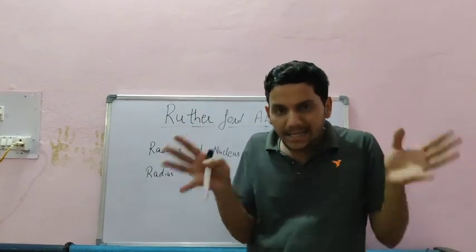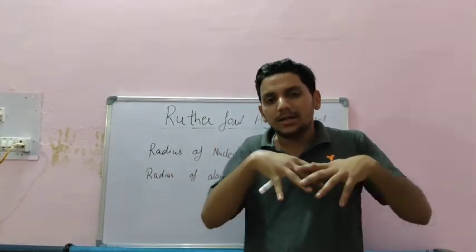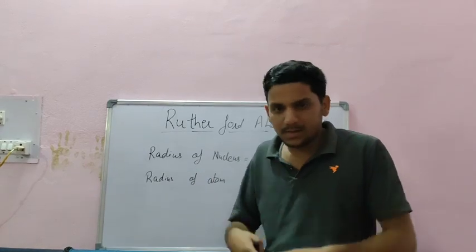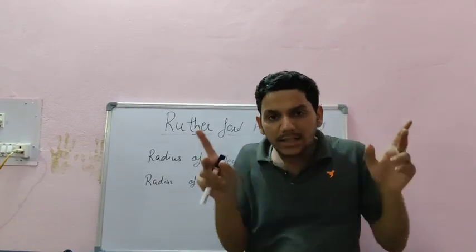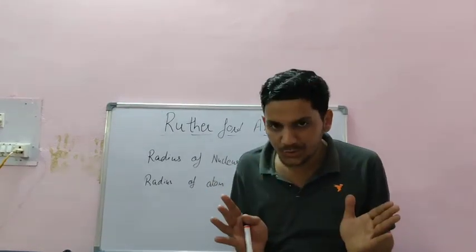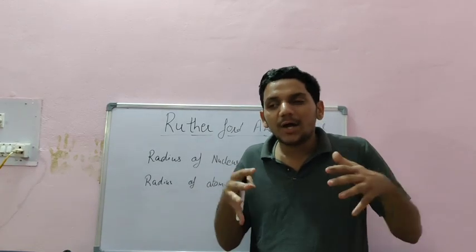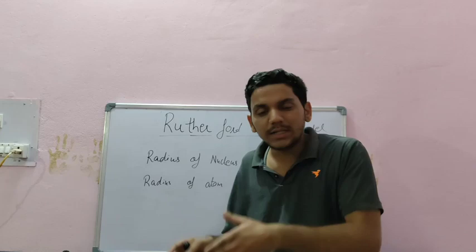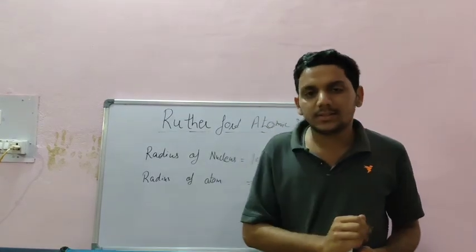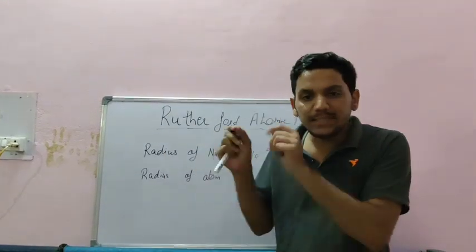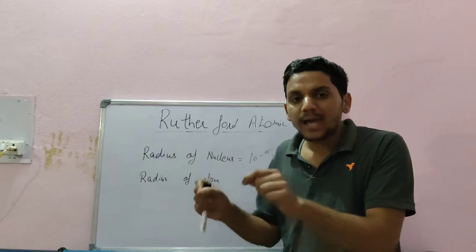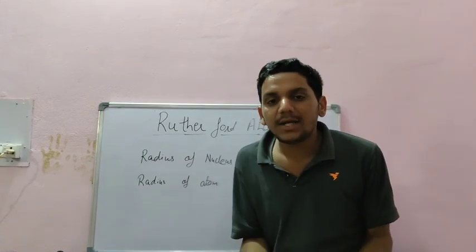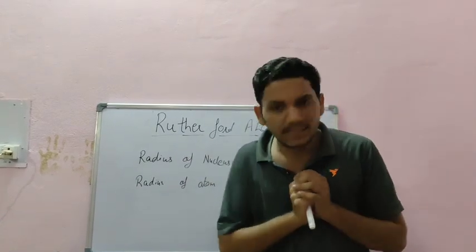So the atom is electrically neutral, and all the electrons are revolving around the nucleus in a circular manner, similar to the solar system, as planets revolve around the sun.